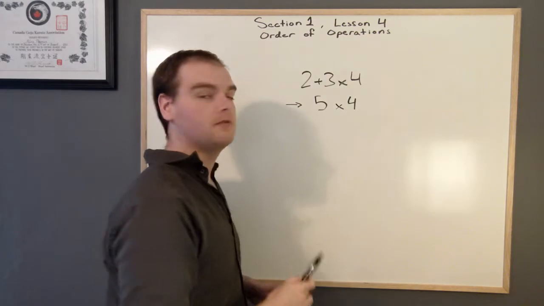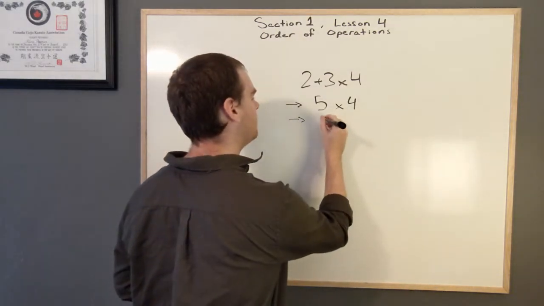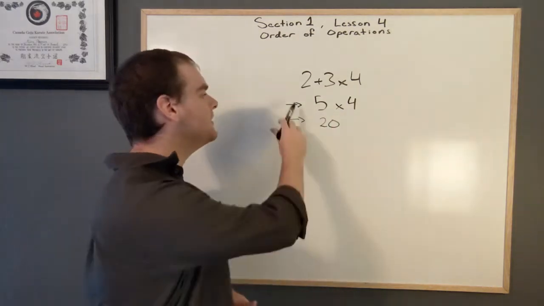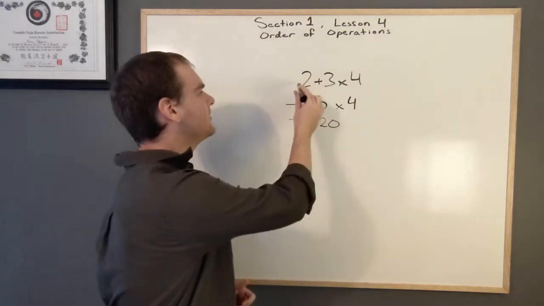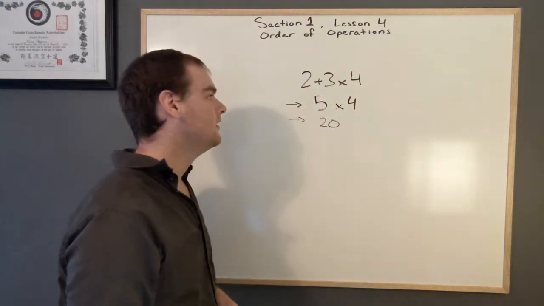So I've added first, and now I'm going to multiply. 20. Now, I've not used equal signs here because this line is not, in fact, equivalent to the second line.